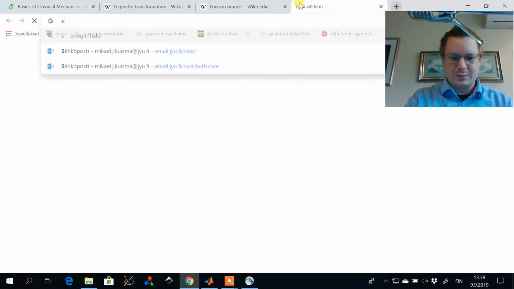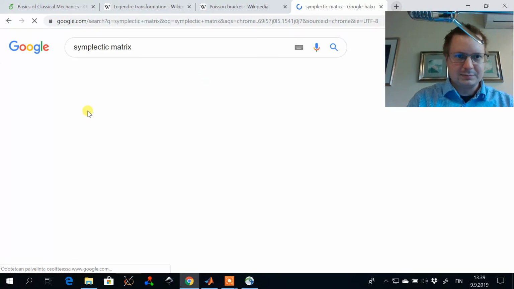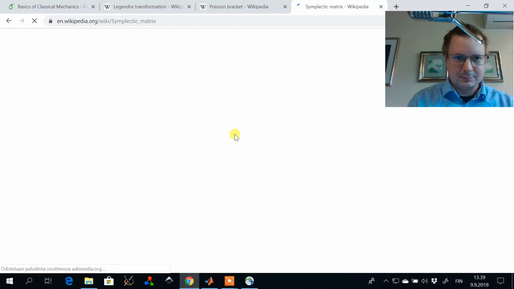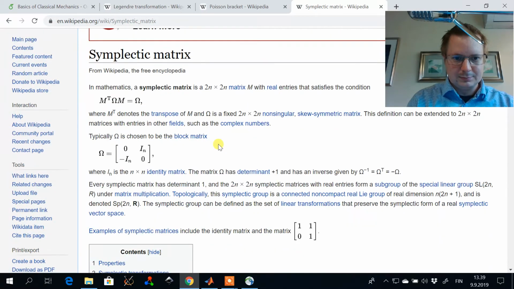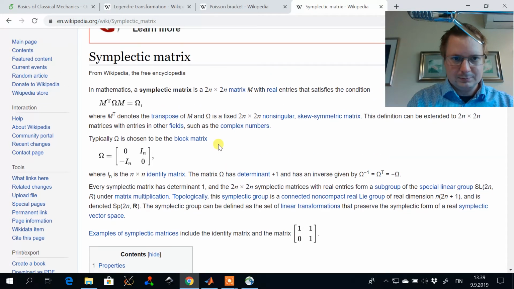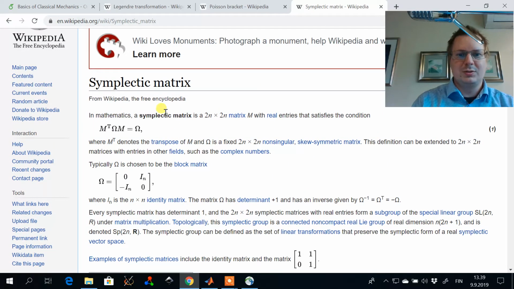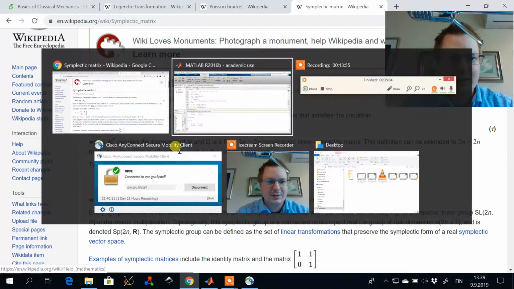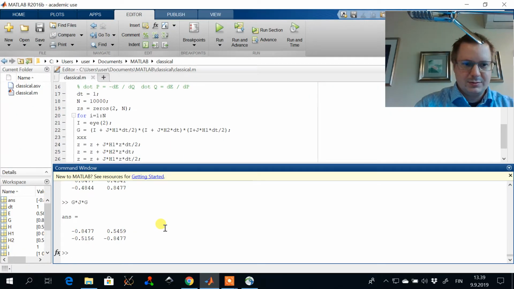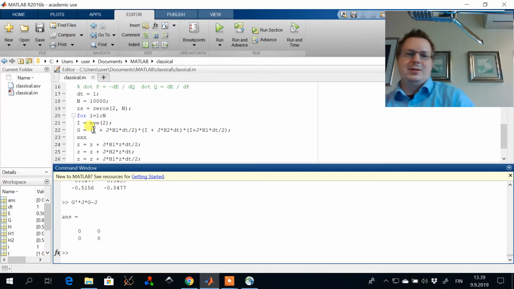Let's just call symplectic matrix. Okay, symplectic matrix should satisfy this. It was transpose, so G transpose J times G minus J is 0. Okay, so this matrix is symplectic.